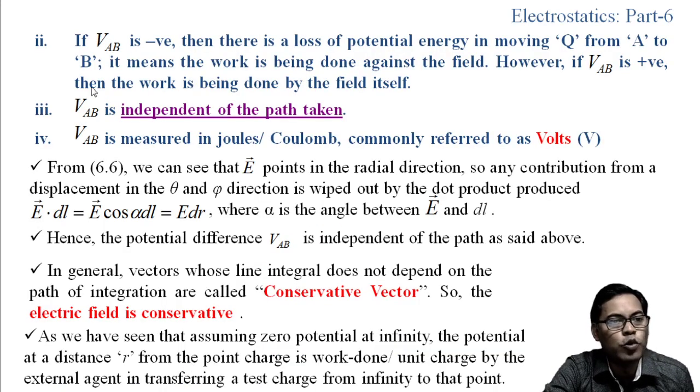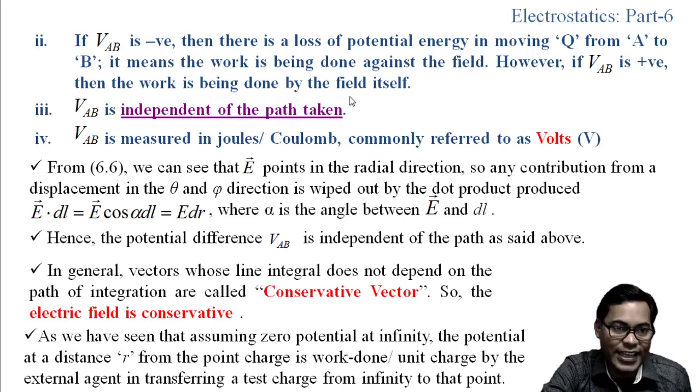Point number 2, if VAB is negative, then we can say there is a loss of potential energy in moving Q charge from point A to point B. Or in other words, the work is being done against the field. Now, if VAB is positive, then the work is being done by the field itself.